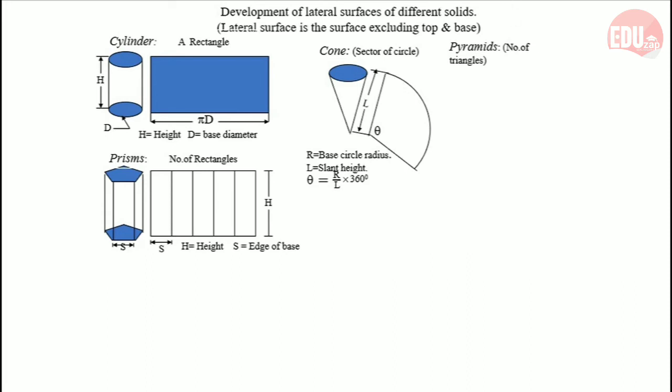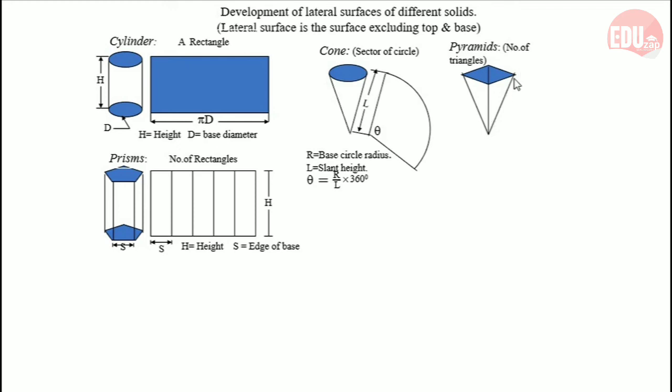So in case of pyramids, all the lateral faces of pyramids are isosceles triangles of size base edge and lateral edge. One edge will represent the base edge and the 2 other edges will be slant edges.